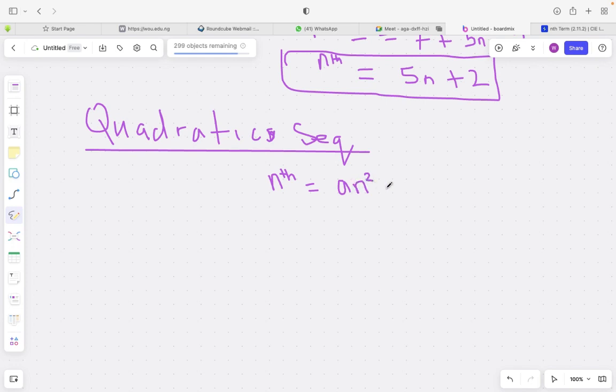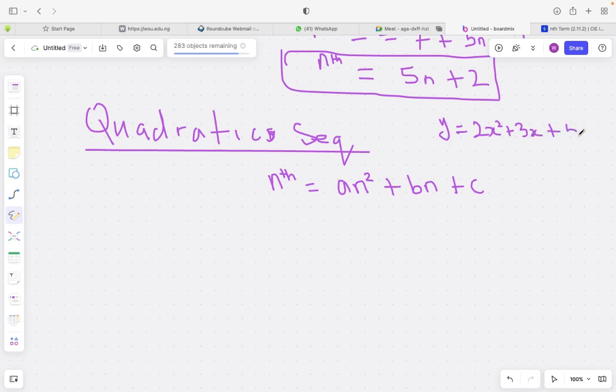Then plus bn, we're using n, not x. Then plus c. This will be the quadratic representation, just like in algebra where you have y equal to maybe 2x squared plus 3x plus 5.